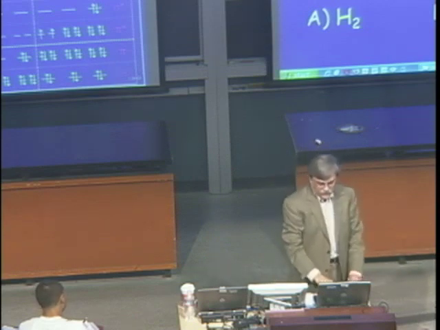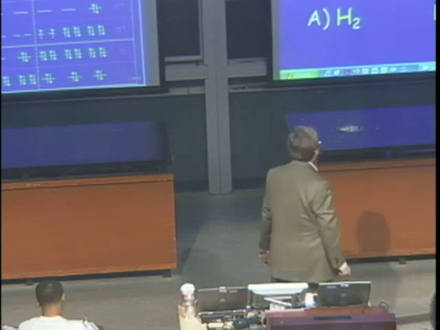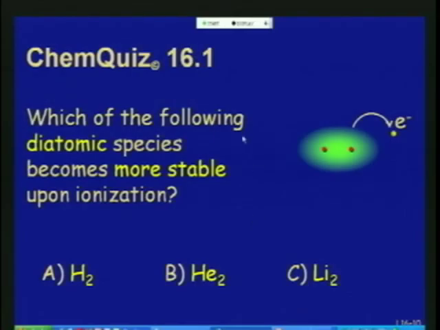So why don't you discuss this with each other and see if you can give me a revised answer? There's helium-2 plus here, there's hydrogen, and there's lithium. Just take one electron away and then compare the bond orders.